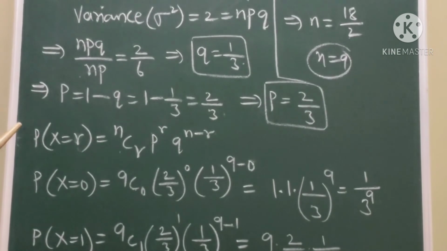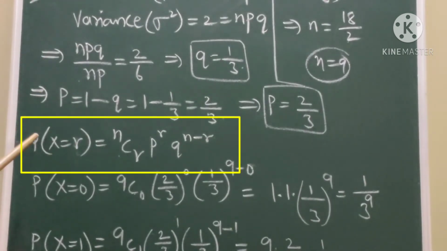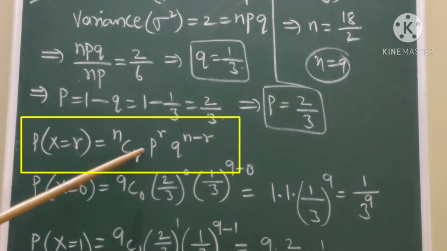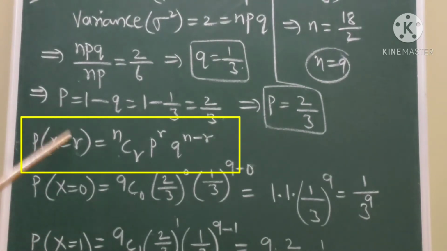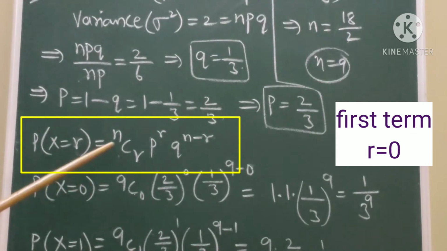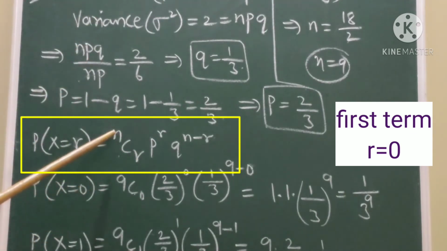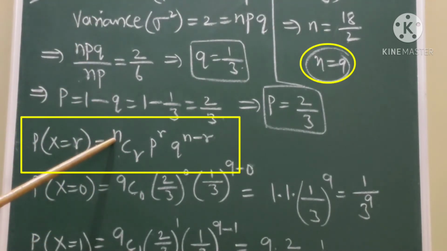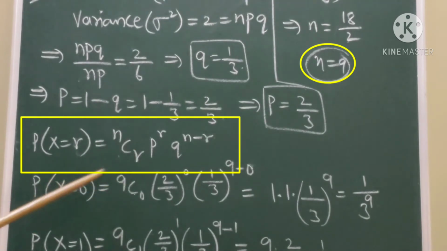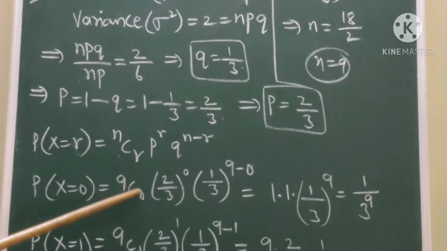Now the formula for binomial distribution is P of X is equal to r is equal to NCR into p to the power of r, q to the power of n minus r. Here we require the first two terms, that means the first term and the second term. For the first term we take r value as 0. We know n is 9, and r is 0, so 9C0.